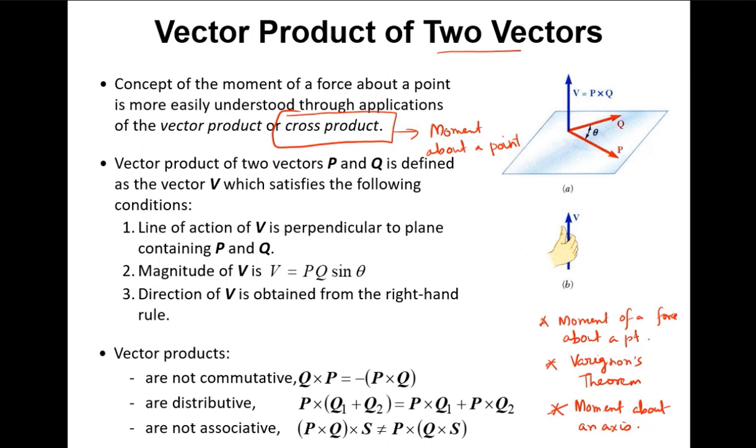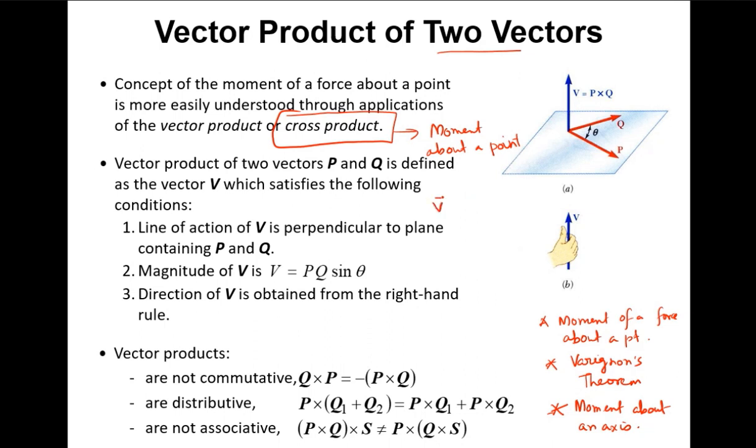Now, vector product of two vectors P and Q is defined as vector V, which satisfies the following conditions. Now, what are these conditions? The line of action of V is perpendicular to the plane containing P and Q. Okay, so say you have two vectors P and Q, and vector V gives the cross product of P and Q, right?